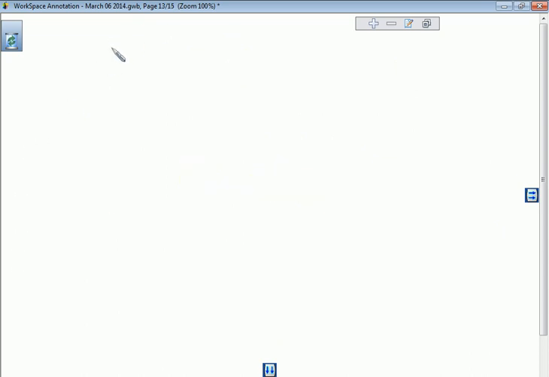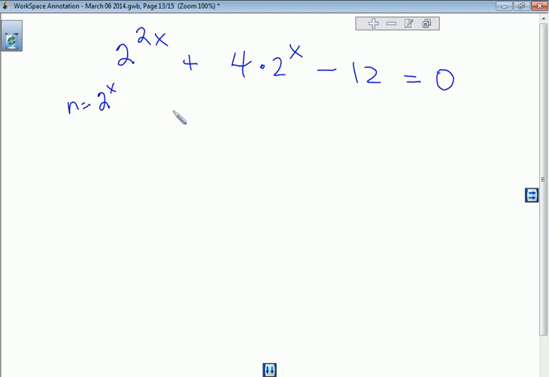All right, let's do another one. Do one of the ones on the sheet. Number one. Oh, it's not e this time. It's 2 to the x. So this time if we're using n substitution, we let n represent 2 to the x.